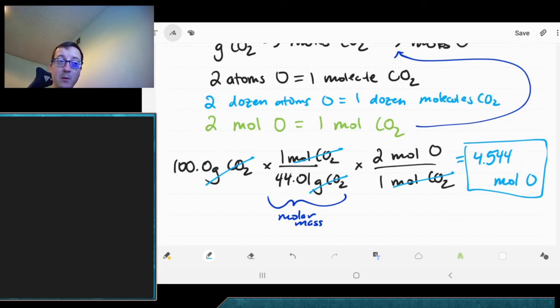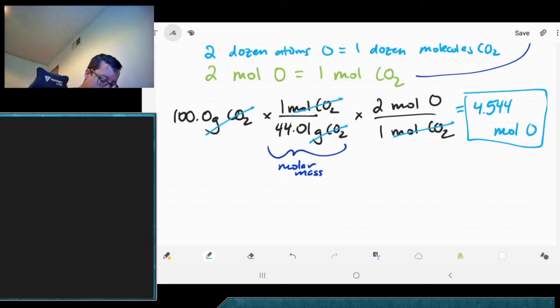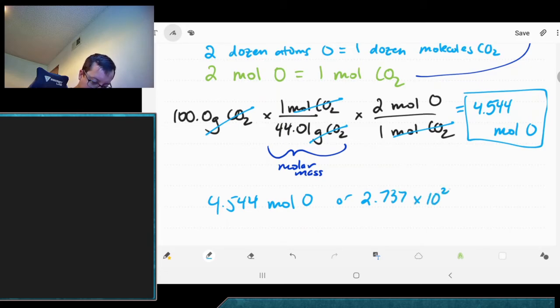If we really wanted, we could see the exact number of oxygen atoms, but we're going to see it's a little bit easier for us to talk about moles. Here, I'll go ahead and do the calculation for atoms. 4.544 moles of oxygen, or we could say 2.737 times 10 to the 24th atoms of oxygen.